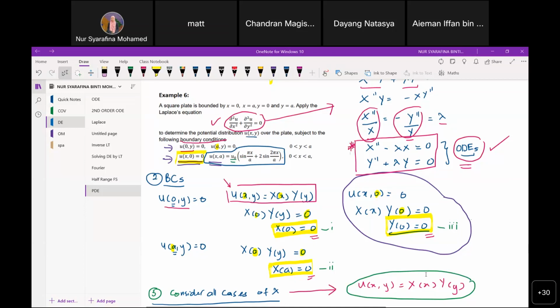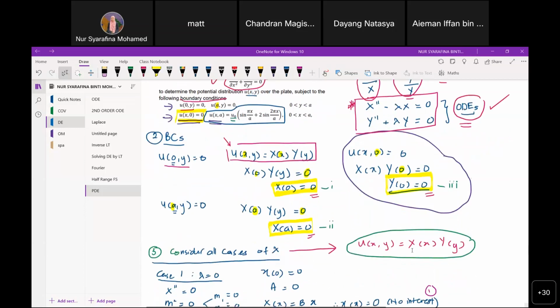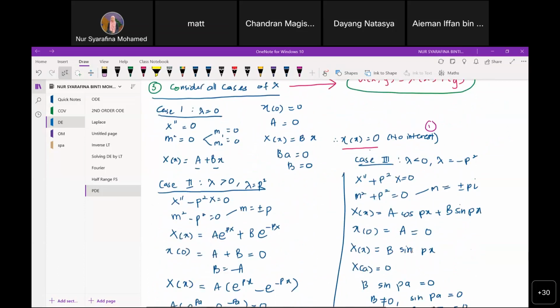So in order to consider all cases, same process as the previous examples, the previous types of PDE that we have discussed, of course, we have to consider cases of lambda: where lambda equals 0, greater than 0, and also less than 0.